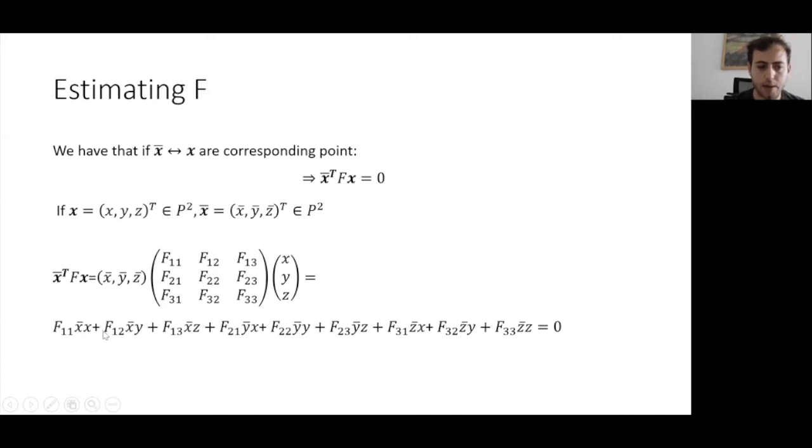But here, X and Y and Z are all known numbers. We know them. What we don't know here is the entries of the fundamental matrix. So we actually got a linear equation in the elements of F from this point correspondence.